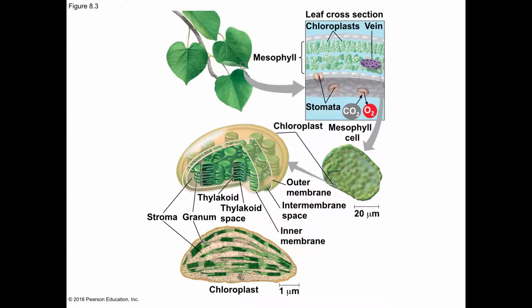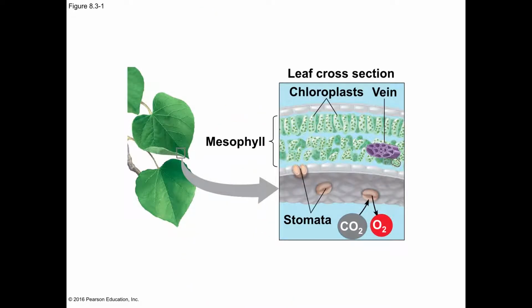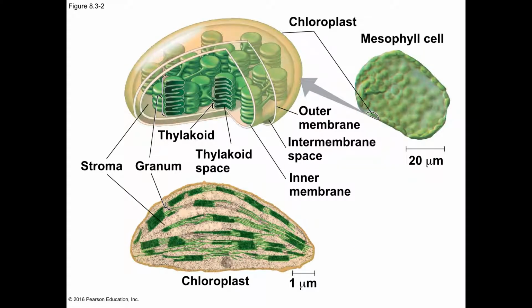So here are some pictures to help you visualize everything I just mentioned. Zooming into these leaves right here, we have the stomata that allows gas to pass through the epidermis, and then the middle layer, the mesophyll, houses the chloroplasts. Inside the chloroplast, there are two layers of membrane, with the grana, or stacks of thylakoids, inside.